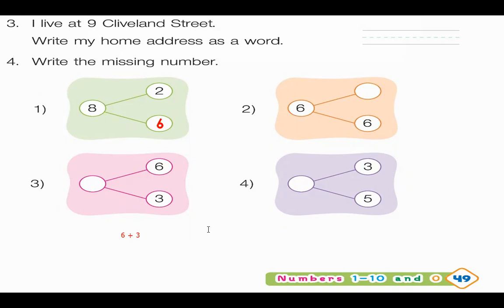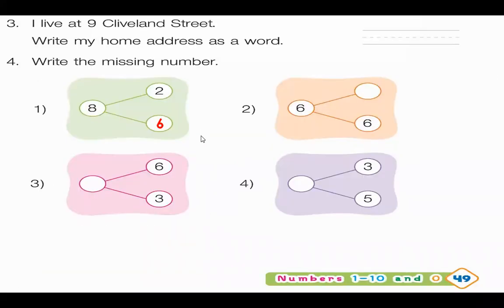So you have to put number 9 here. If you add 6 and 3 together, the result is 9. So do the rest, students. What is the missing number?